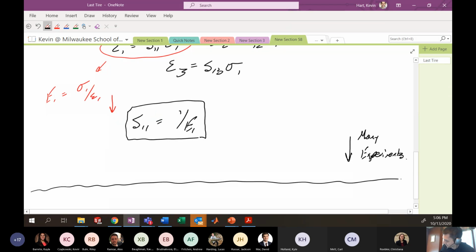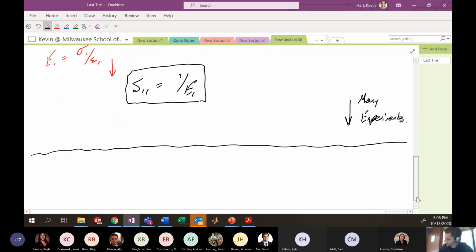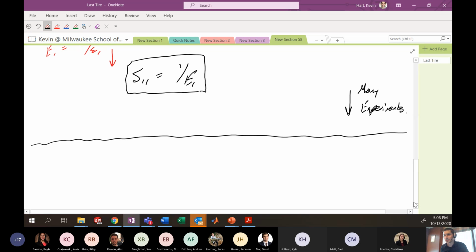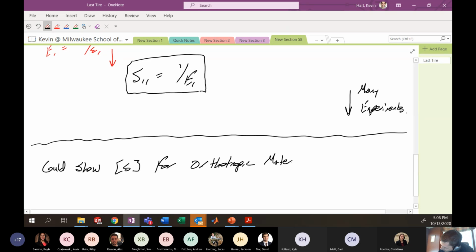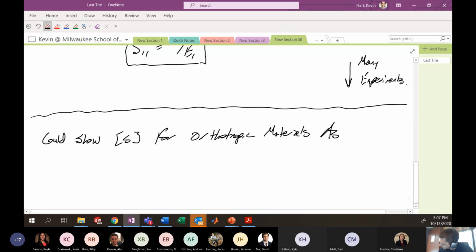Many experiments. And the idea here is that we could isolate what this S matrix would look like specifically for orthotropic, transversely isotropic, or isotropic materials. So I could show S for orthotropic materials as the following.